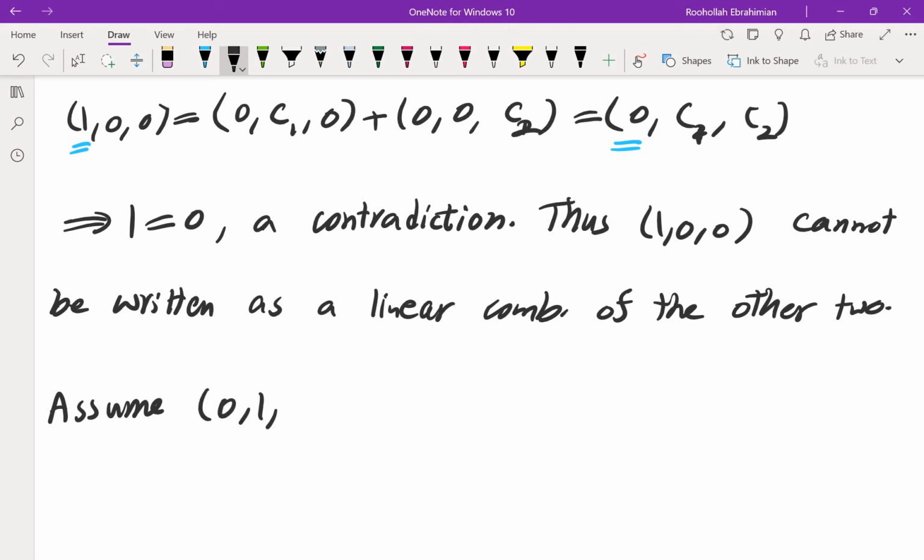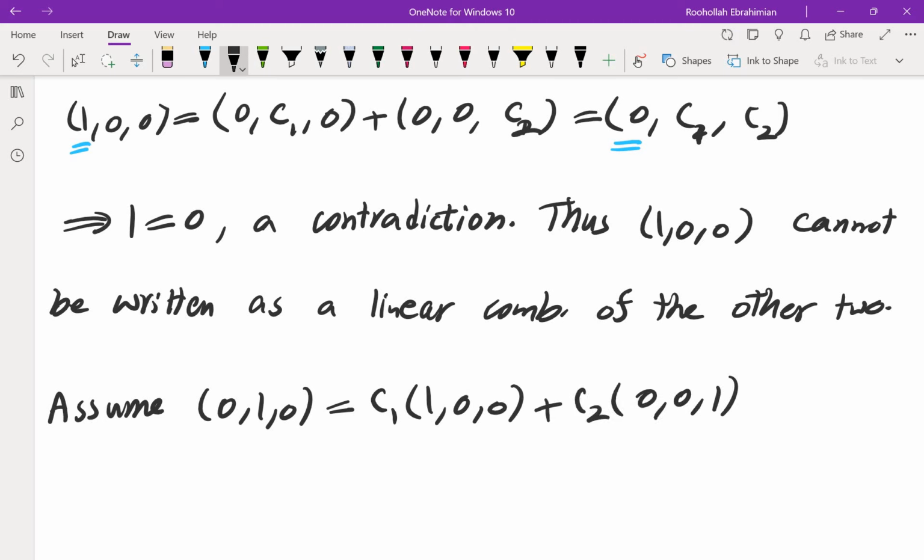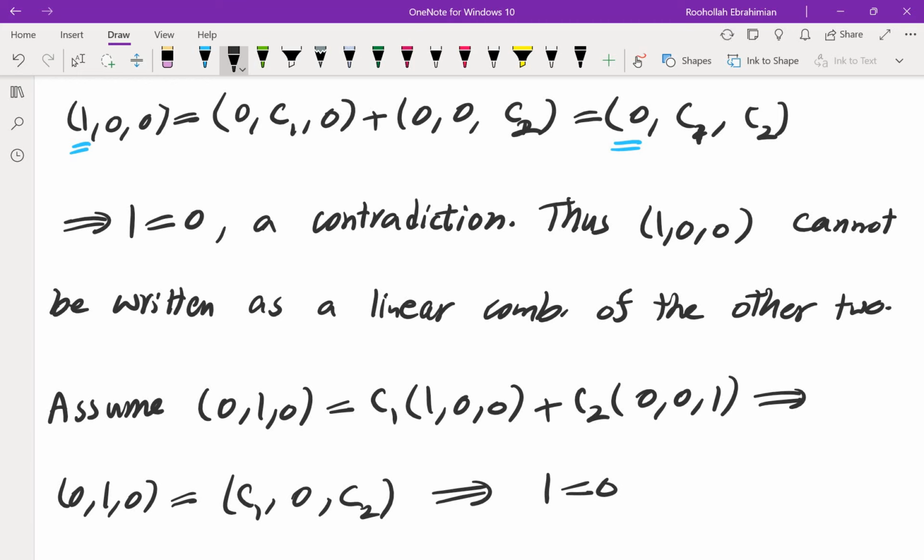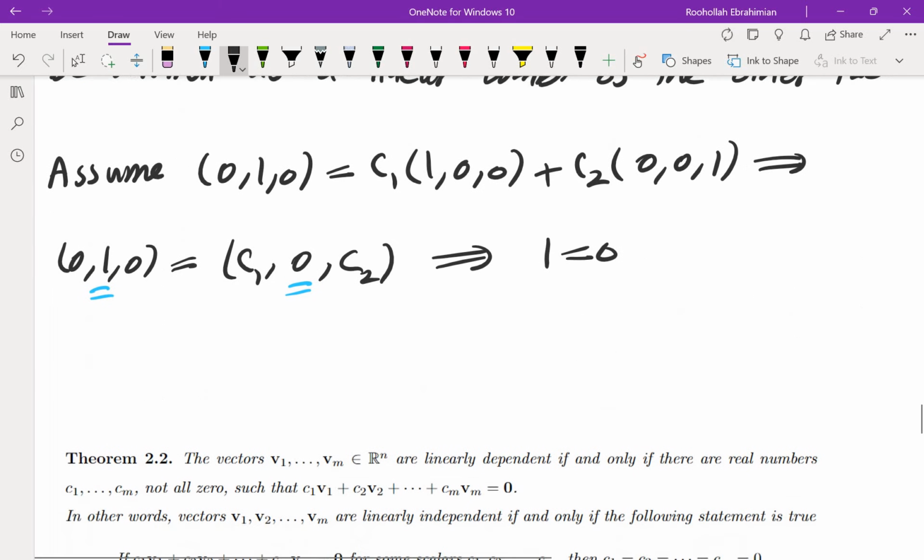So (0, 1, 0) equals c1(1, 0, 0) plus c2(0, 0, 1). So if that's the case, then (0, 1, 0) is equal to (c1, 0, c2). But that tells us 1 must be 0 by looking at the second component, and this is a contradiction.